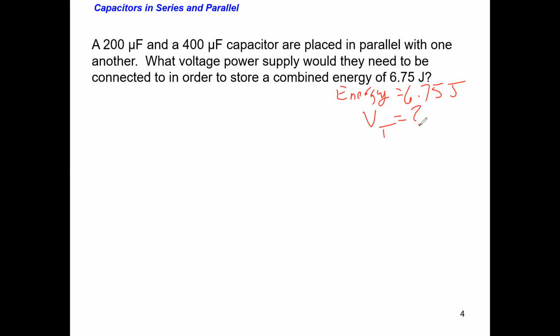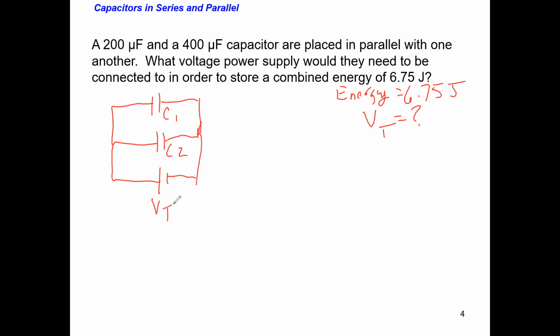So there's our question. All right, let's see if we can draw this. It's capacitor 1, capacitor 2. They're in parallel and they are connected to a power supply. You might imagine that the first step that I would take is probably to figure out what my total capacitance is for this particular circuit.